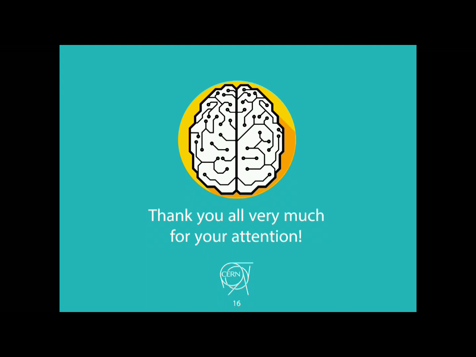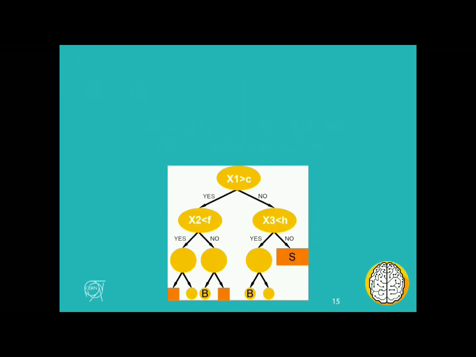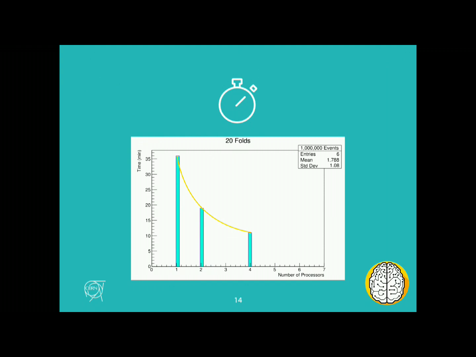Can you please go back to slide number 14? Okay. What is the fit function you used? BDT, exactly, the boosted decision tree. Well, I mean, there is this yellow curve. No, it was a kind of visualization. Okay.